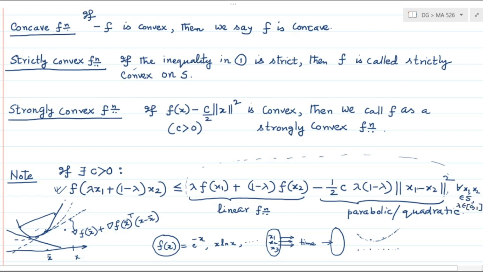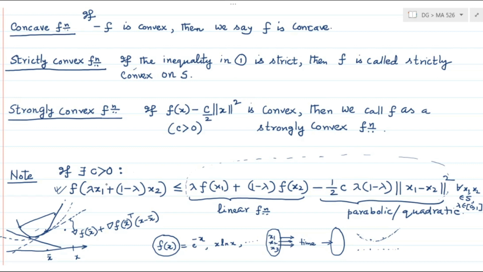Fine. If this is happening, then we can prove that there is a parabola at any point x bar which touches the graph at the point x bar and which is a global estimate for a strongly convex function. So the geometrical significance of a strongly convex function is that it is a convex function that is curved at least as much as a parabola.